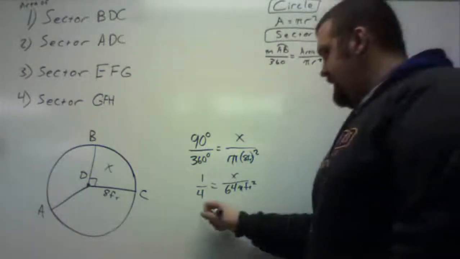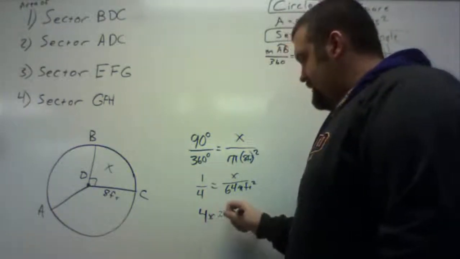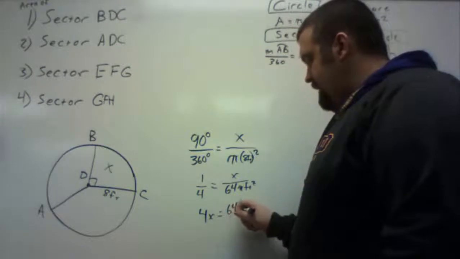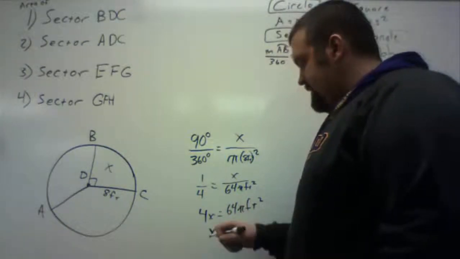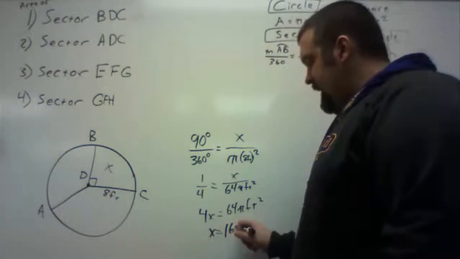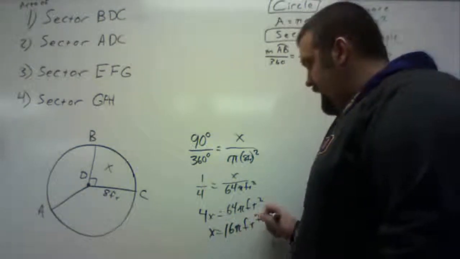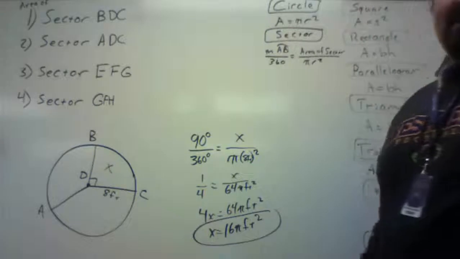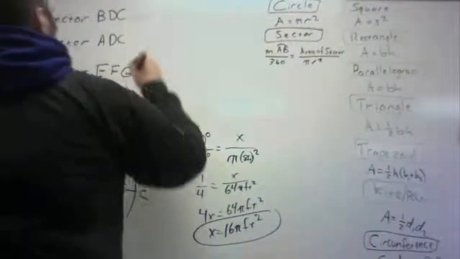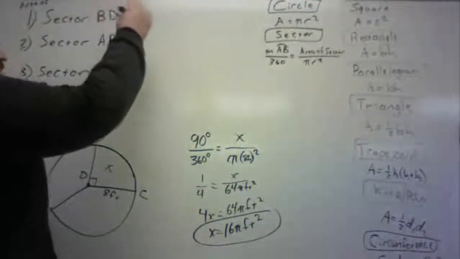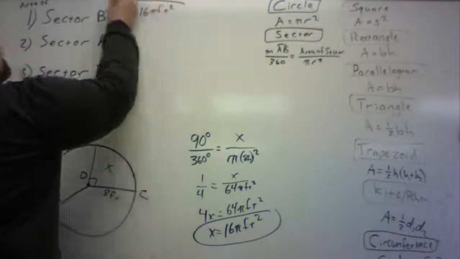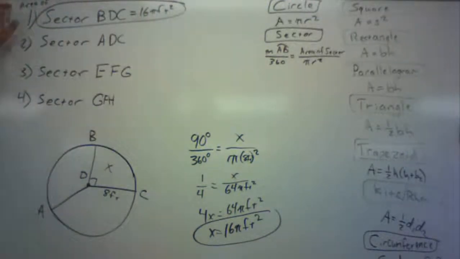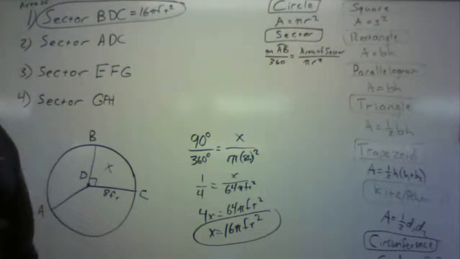Cross multiply, 4x equals 64 pi feet squared. So x is going to be equal to 16 pi feet squared. And I'd be fine with this answer here. However, write it as area of sector BDC equals 16 pi feet squared. By the way, area of is for each of these. Alright, go ahead and try number 2.